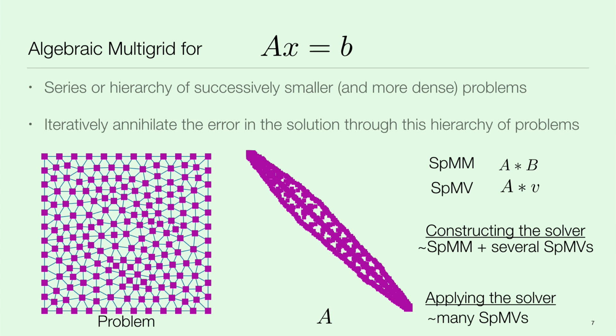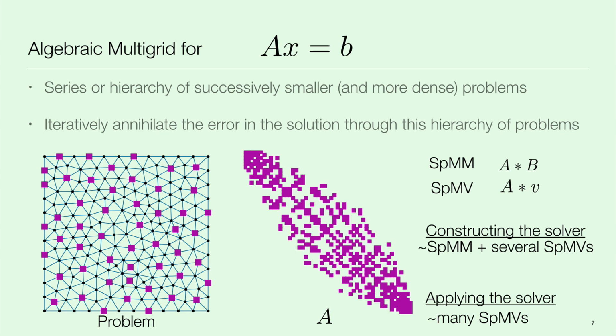Just a schematic of what's going to happen. We'll look at this in two different ways. Here I took a grid on the left, a Poisson problem, and we can see the sparsity pattern of the matrix A. If we go one coarse level down, the problem is smaller, and we can see that the sparsity pattern is starting to grow a little bit.